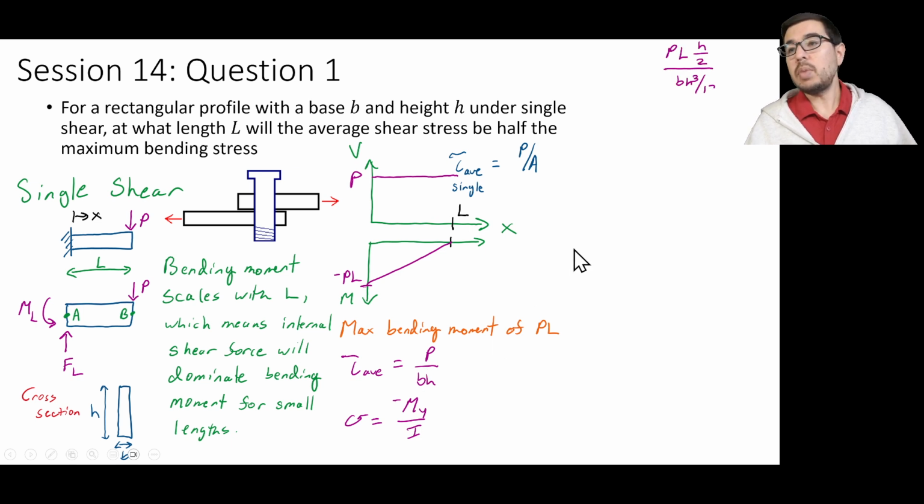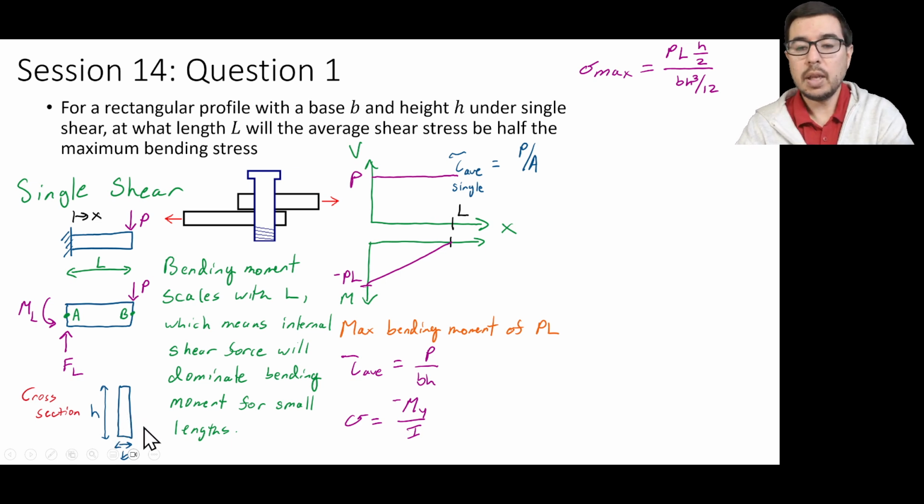The maximum bending stress, when we look at this problem, is going to be the bending moment, PL, times half the thickness. So that'd be h over 2, because that would be the distance between the neutral axis and one of the outer surfaces.